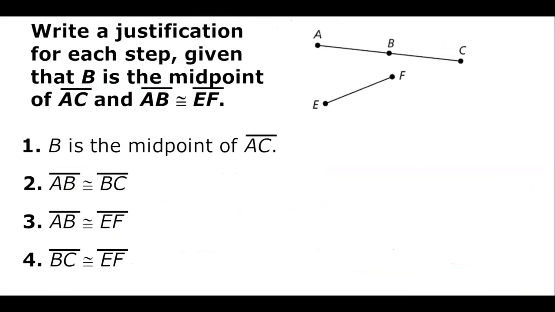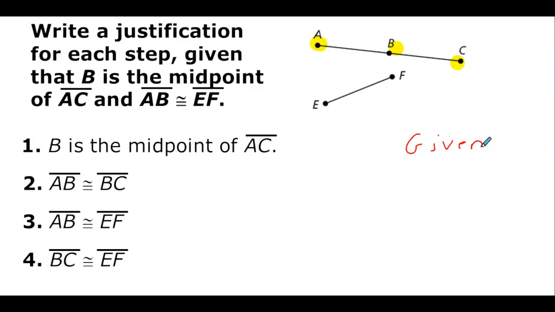It says, write a justification for each step, given that B is the midpoint of AC. So we know that B is the midpoint of AC, and AB is congruent to EF. That was given information, so I'm going to go ahead and write given right there.